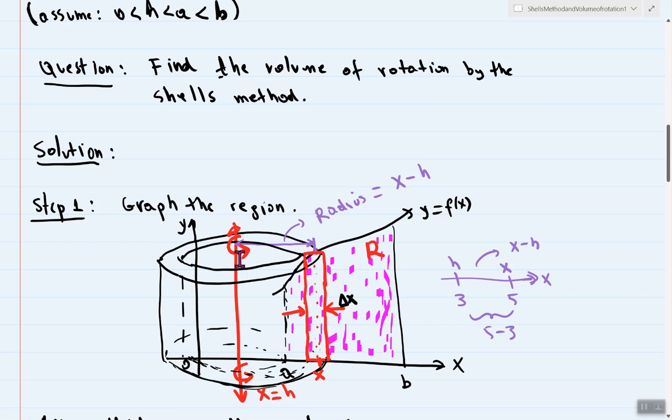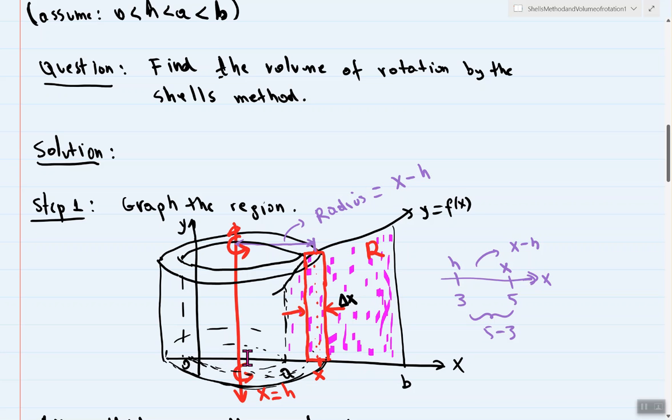Now what is the radius? The radius is the distance from x to the line of rotation, and the line of rotation is x equals h. So this point is h, and this one is x. The distance between x and h is x minus h.